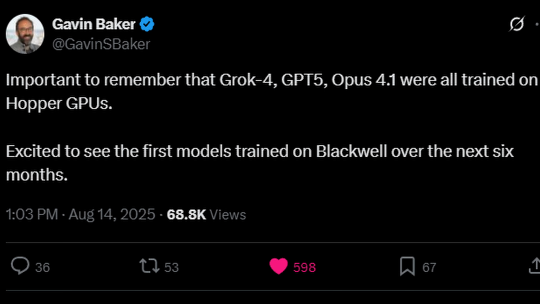He said, it's important to remember, Grok 4, GPT-5, and Opus 4.1 were all trained on the old school Hopper GPUs. The Blackwell models aren't even here yet. I don't even think they've started training yet. Maybe they have, but they're not here yet. He says he expects the first models to be trained on Blackwell in the next 6 months.